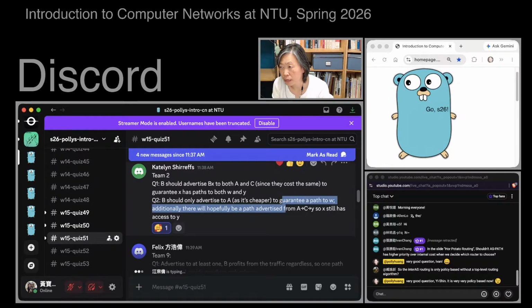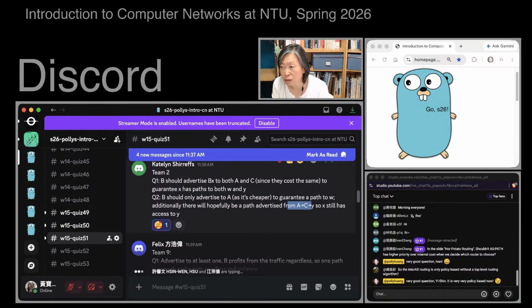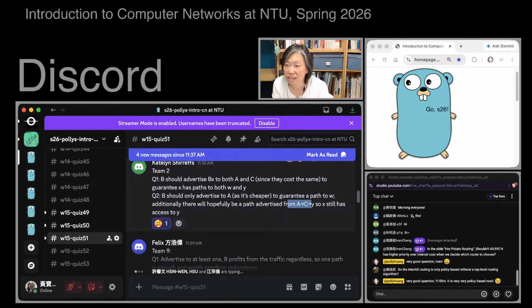To guarantee a path to X. Additionally, there will hopefully be a path advertised, hopefully. Okay, good. So Team 2 knows that there's a risk. There's a risk if you advertise only to one of the neighbors, right? You will need to hope that the neighbor will further propagate the path.